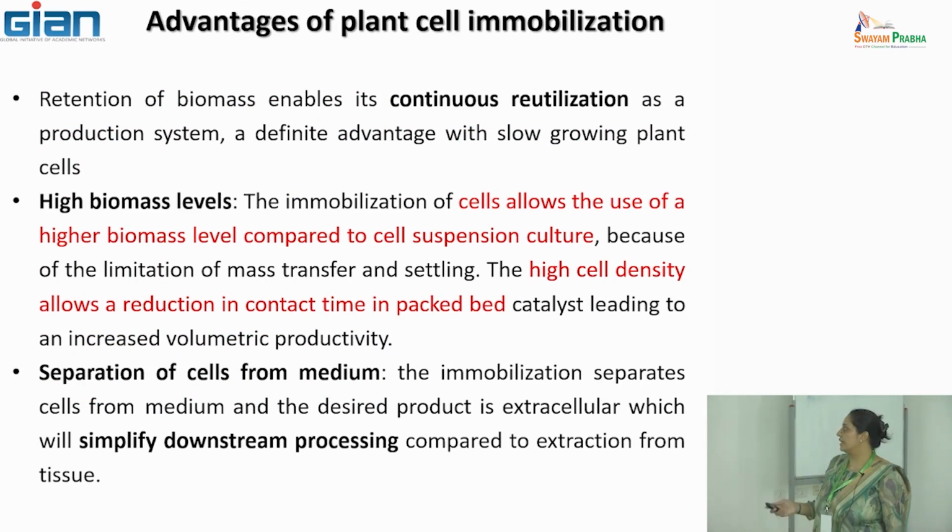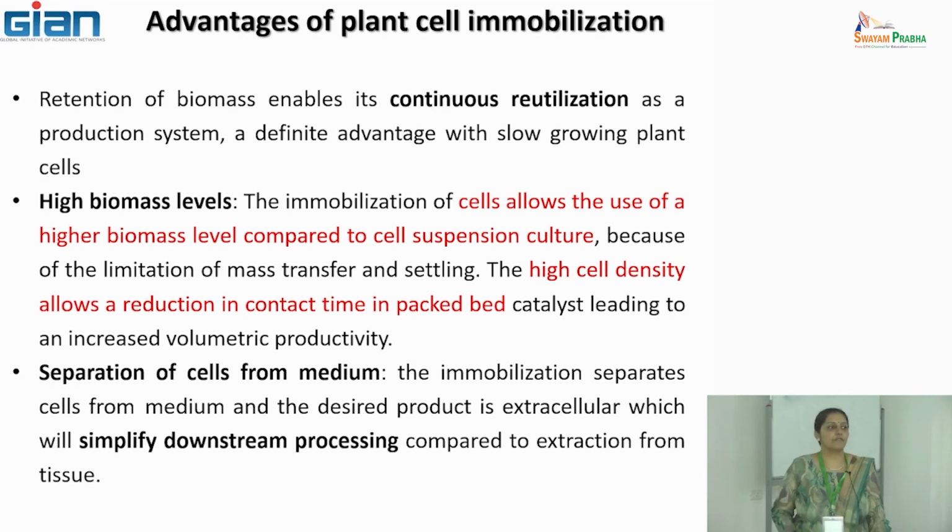Now the separation, the advantage of immobilization, whether it is microbial cell immobilization or plant cell immobilization, is that it can separate the cell from the medium and therefore the downstream processing cost is reduced. Now the catch I was mentioning was that the product has to come out in the medium. Most of these secondary metabolites are intracellular. So the strategy which we had earlier studied, cell permeability enhancement, is optimized and added so as to have the product leached out.